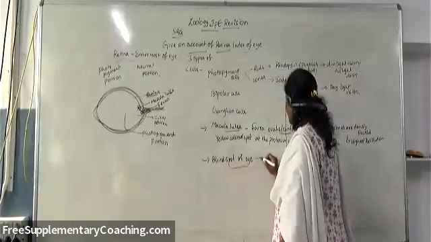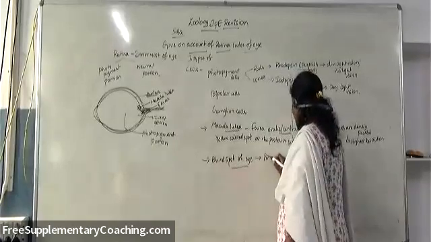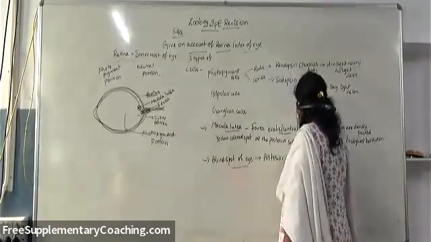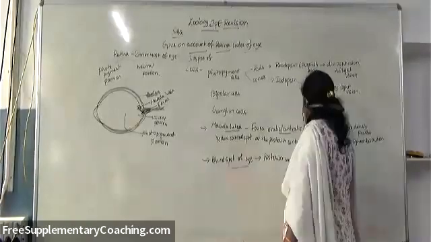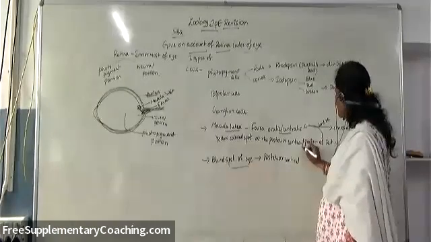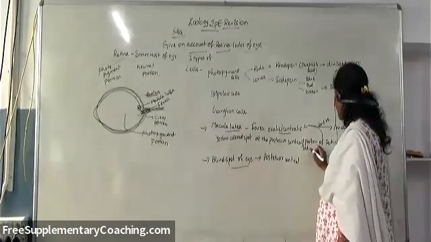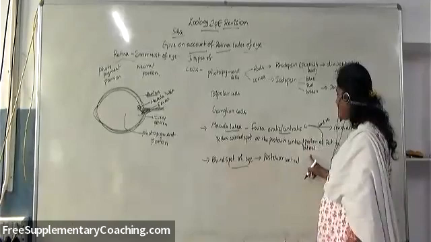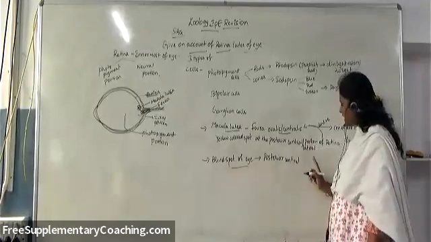The blind spot of the eye is present at the posterior central portion. The macula comes slightly lateral, beside the blind spot.